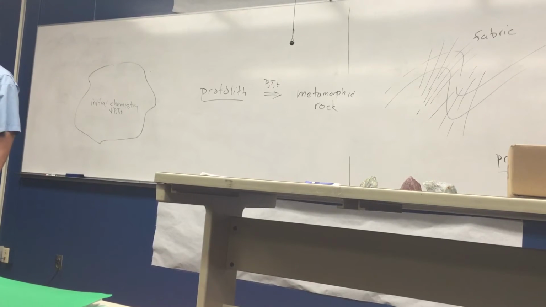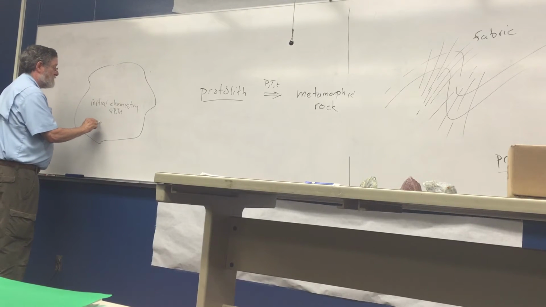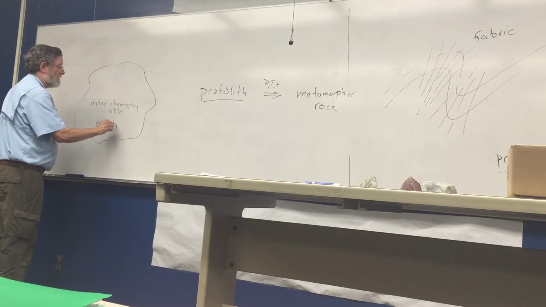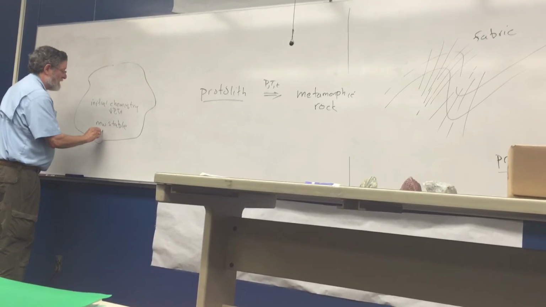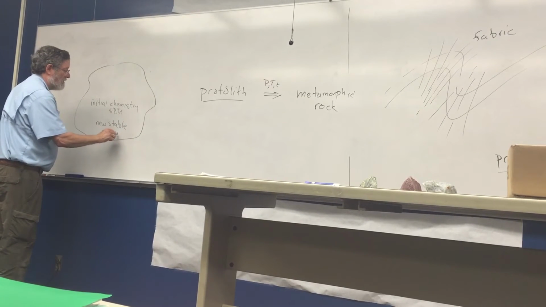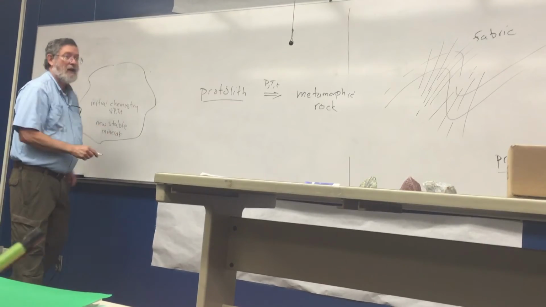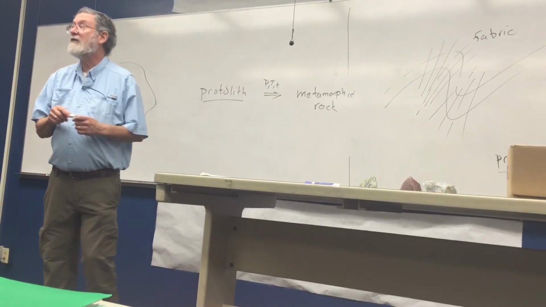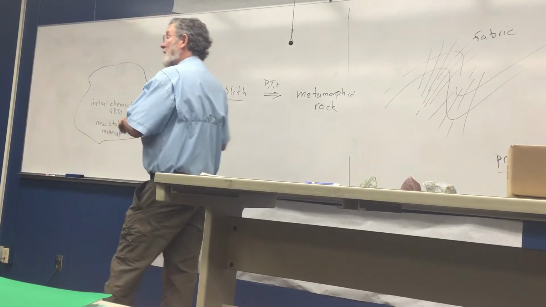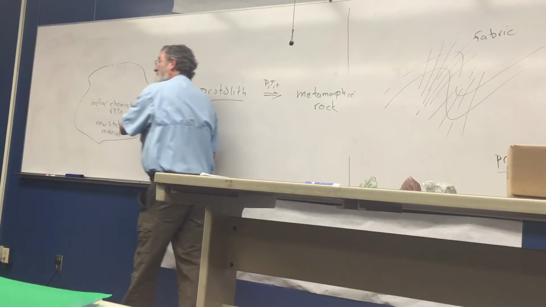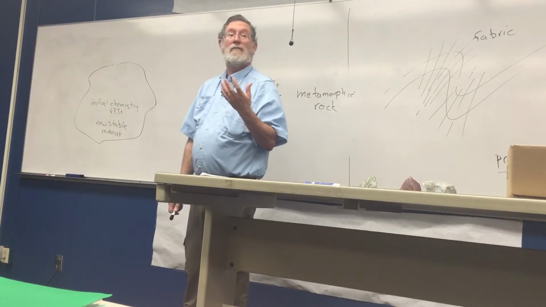We change the minerals that form in that system. So we find new minerals that are stable, but we don't have flux across the boundary. We treat it as a nice closed system.